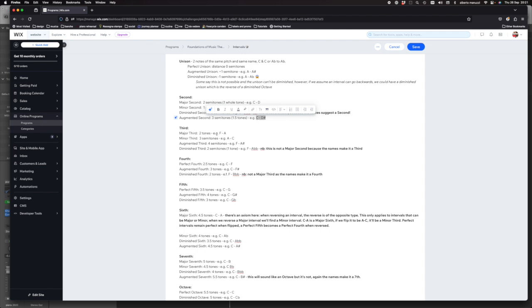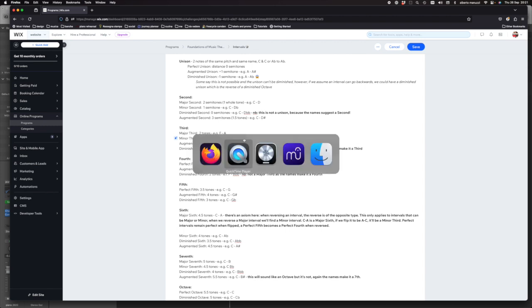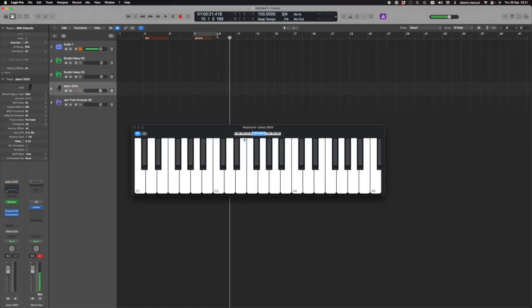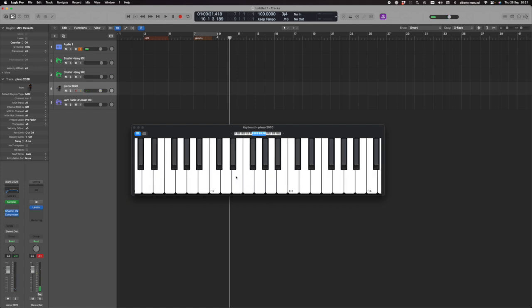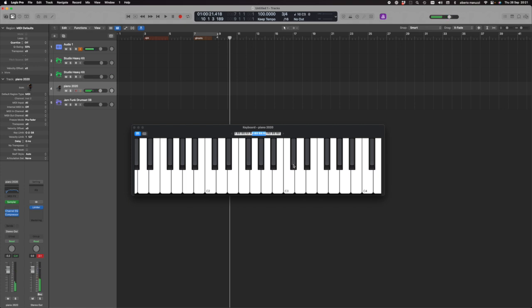If we call that C to E, because it's a third, then C to E, if you look at the keyboard again, on C3, is 1, 2, 3, 4 semitones, 2 tones, okay?